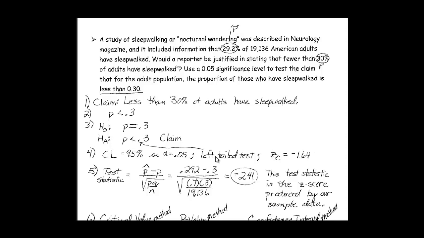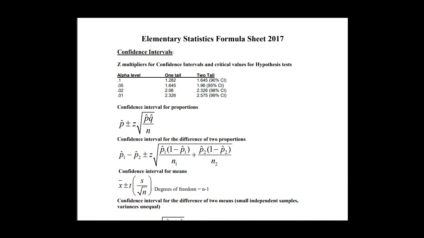The z-score that is associated with 5% in a left tail would be negative 1.64. You would get that from the formula page. Looking at this here, we're looking at an alpha of 0.05 in one tail. Because it's the left tail, it's going to be negative, so we got that from the second line there.